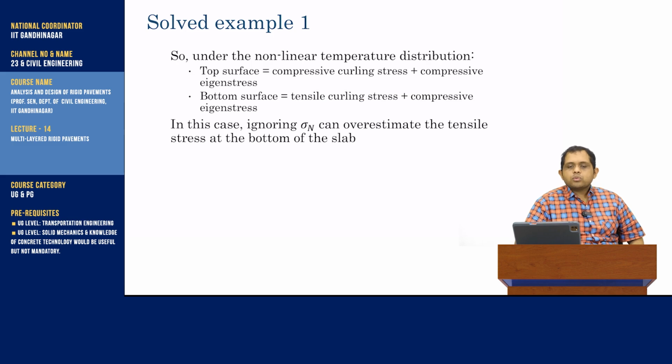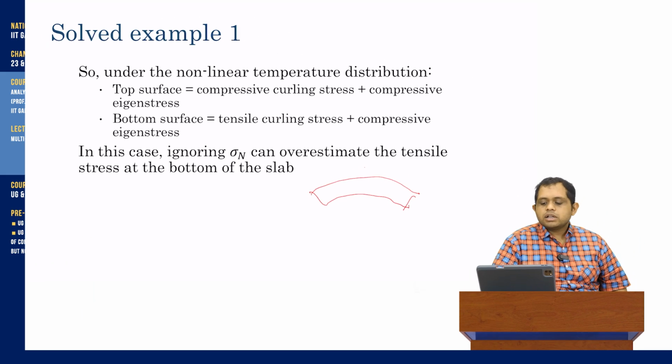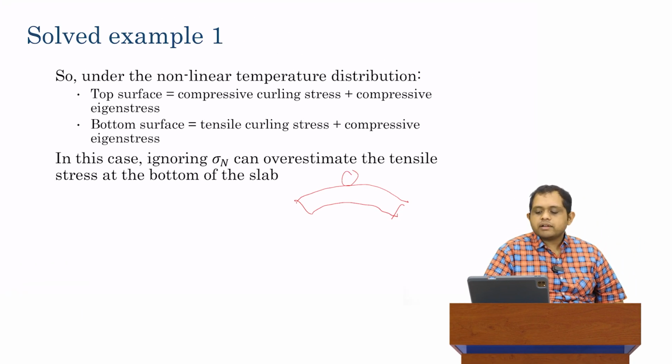Okay. So what does that mean in terms of the overall stress? Again, this is the shape that our slab wants to take under purely linear temperature distribution. It is not a purely linear temperature distribution, but if it were, then we're simply going to put a load over here, and we're going to have tension at the bottom and compression at the top. That's what we get when we only consider curling.